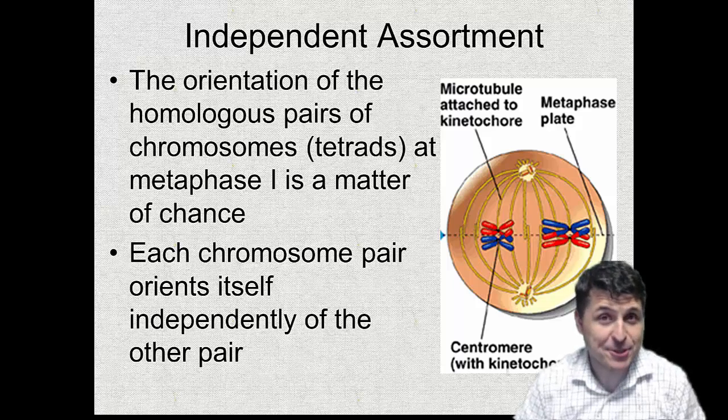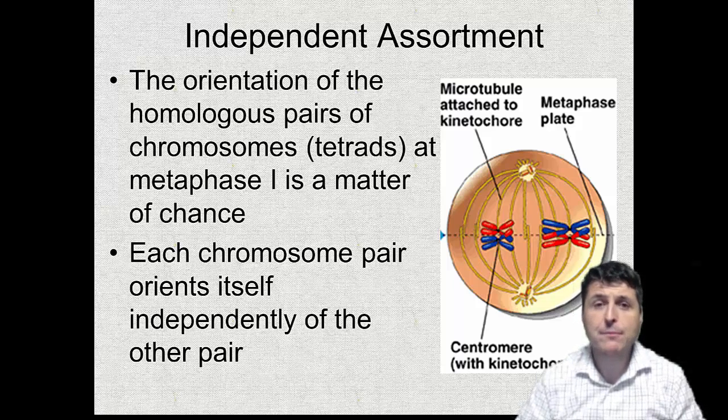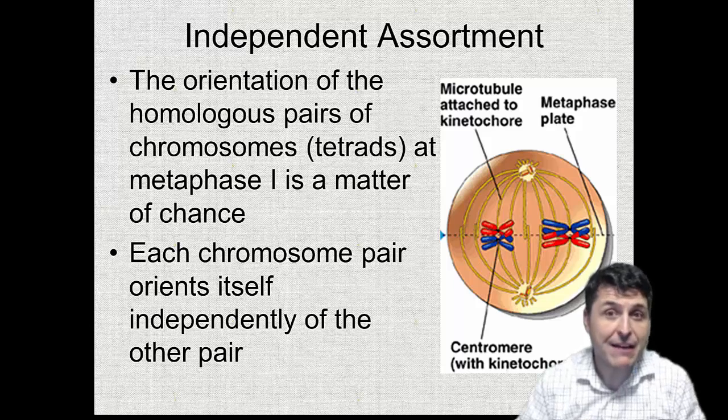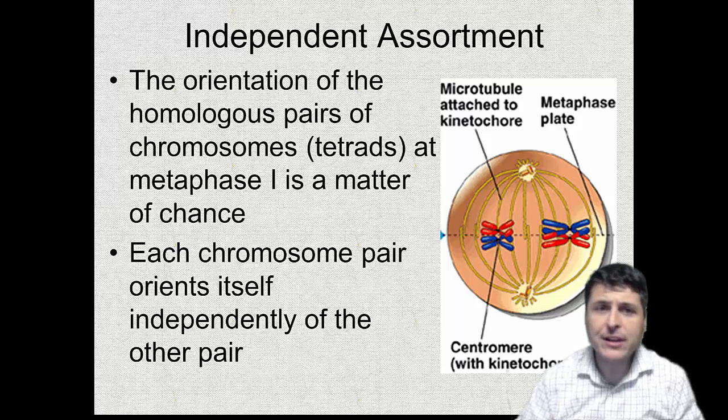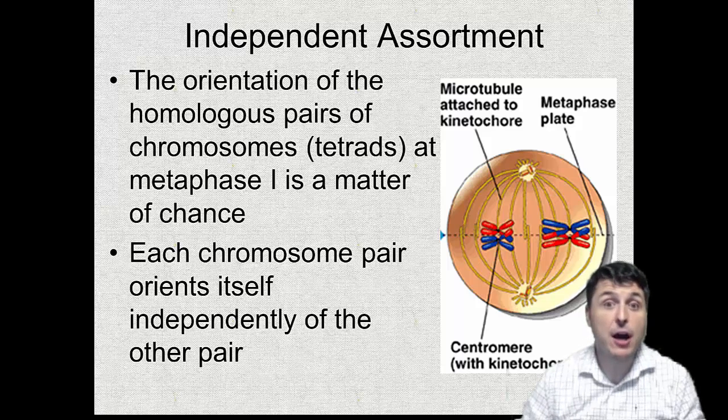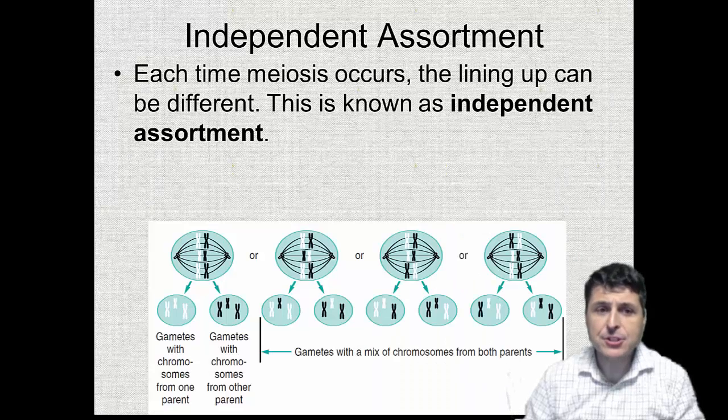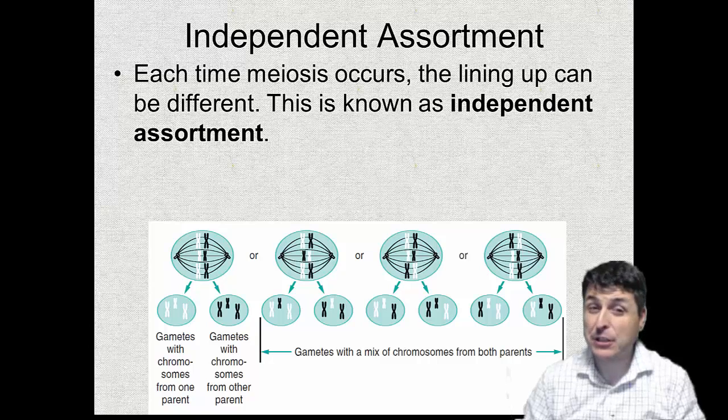The second opportunity for genetic variation comes during metaphase 1 of meiosis. The orientation of those tetrads at metaphase 1 happens to be a matter of chance. Each chromosome pair, when they arrive at the equator, will orient itself independently of the other pairs, such that every time meiosis occurs, the lining up can actually be different.